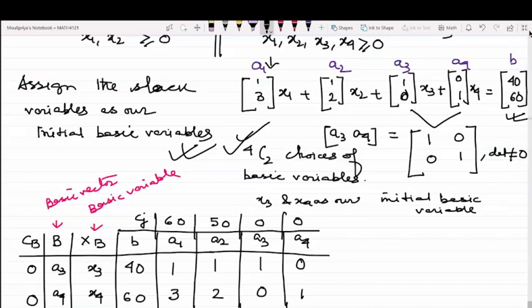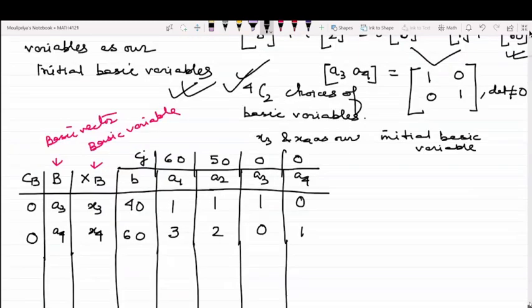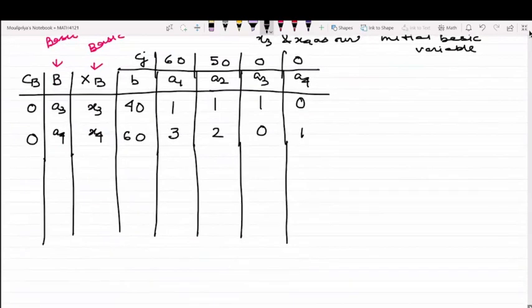I hope everybody will agree with the first table. Any doubt? Anyone?